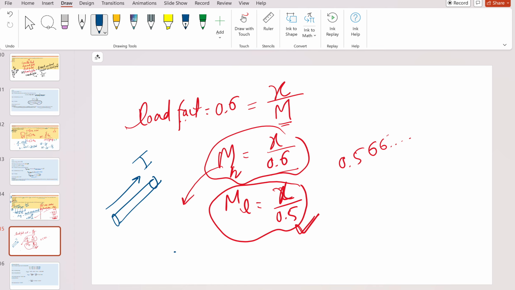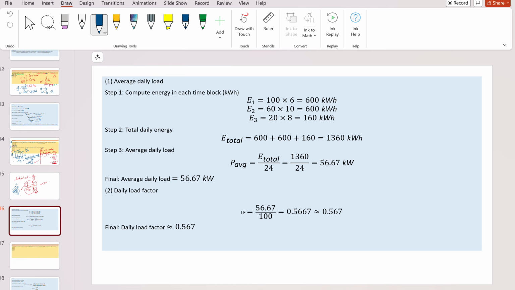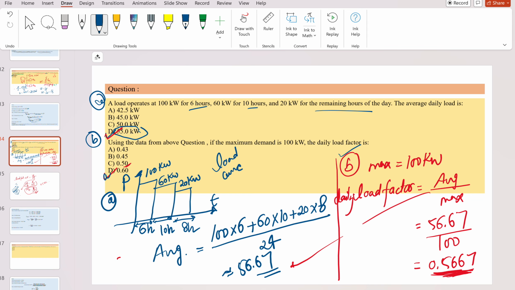So when you design a certain system, you always take a higher side. Suppose you have a certain insulation to be kept here, you always try to take some safety factor in the insulation design. That's why you always take the maximum side of the current or of the loading. That's why option C will be correct, not option D.